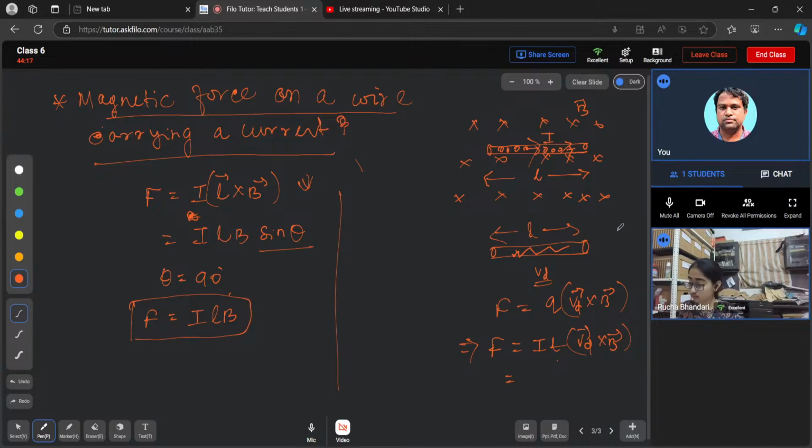This is the length, and the charges pass in the conductor with a drift velocity VD. So how much time will it take to cross this conductor? Time will be distance by speed, L by VD. So we can write I T is L by VD, and this VD cross B we can write as VD B sin theta.